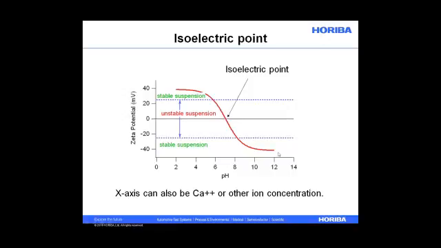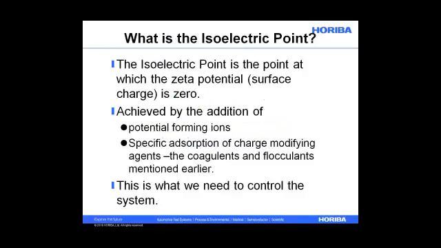Now, of course, this depends on the surface groups on the particle. And so for different materials that you measure, you will get different answers. And some materials will always have a negative surface charge because they just aren't that sensitive to pH. But they could be sensitive to something else.